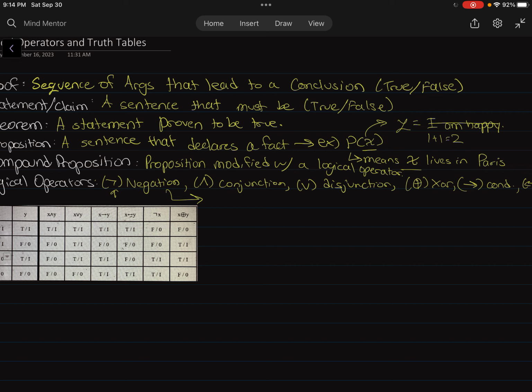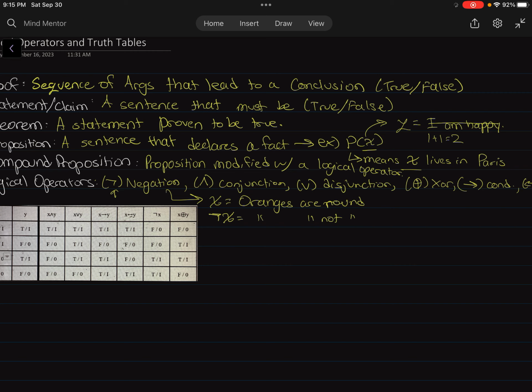So, if we have a proposition X, and X means oranges are round, we can use the negation. The negation means not, right? So if we write not X, that means oranges are not round, right?